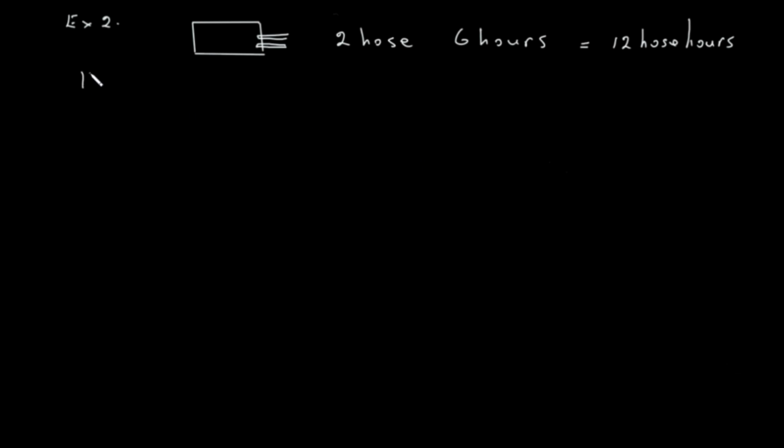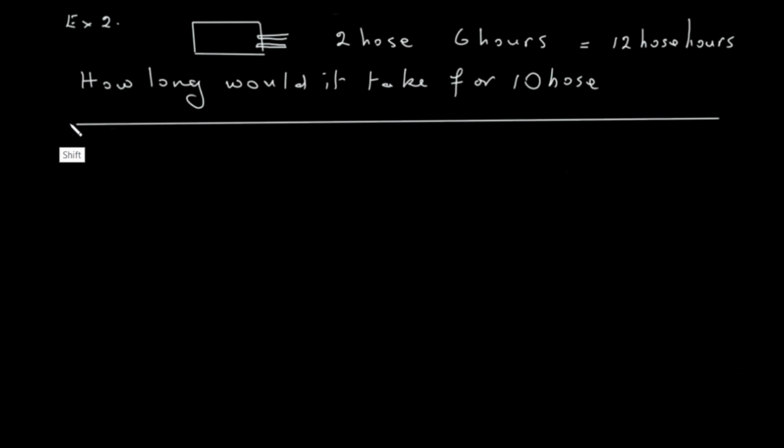How long would it take for 10 hoses? Silly, I know, but I only have 1 hose to water my garden. That's your question. Initial condition, 2 hoses, takes 6 hours to fill that, so the amount of work done to fill it is 12 hose hours.